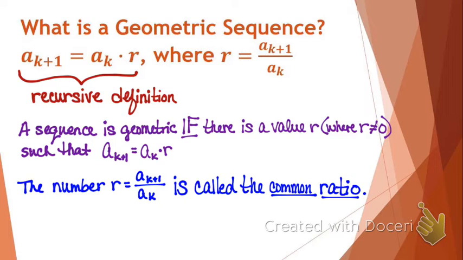So any two consecutive terms, you will divide the one that comes later by the one that comes right before it to find your common ratio.